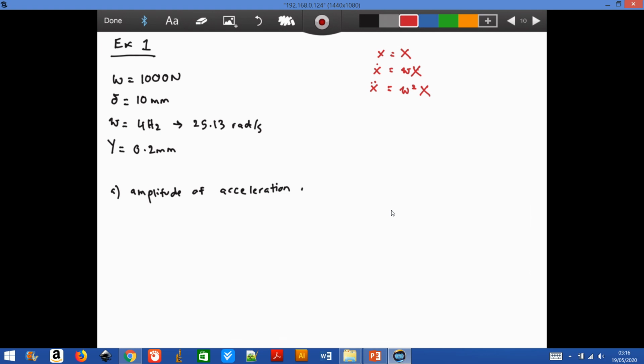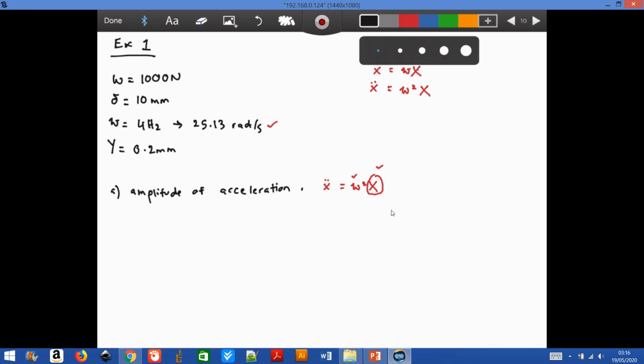So for the amplitude of the acceleration, we need to find the x double dot, which is omega squared x. So how do we find this x? We already have the omega value, which is this one. Next, we need to find the x.